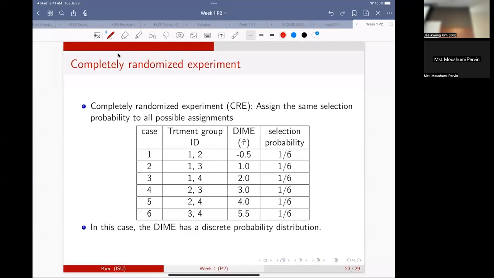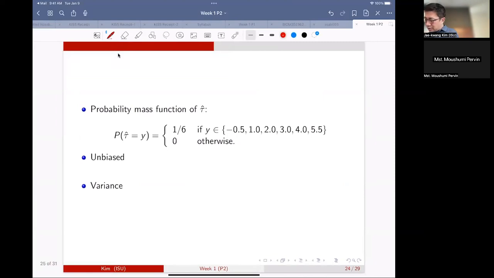We assign a probability rule, the simplest one being a completely randomized experiment, which basically corresponds to simple random sampling. So we have a discrete probability distribution, and then you can get the expectation.